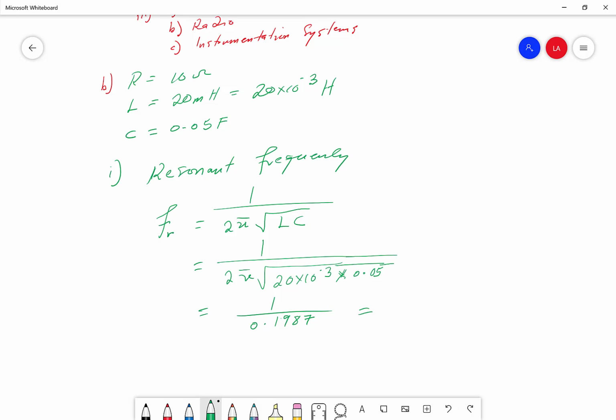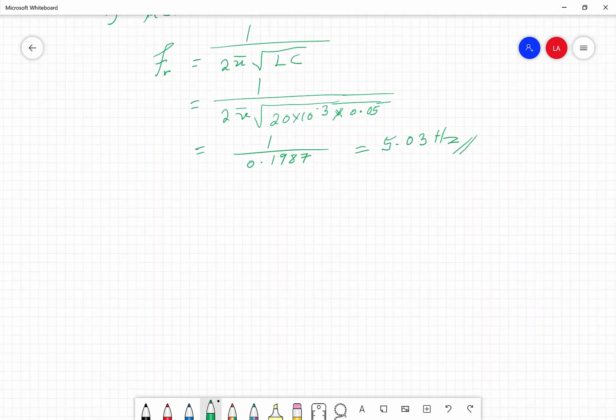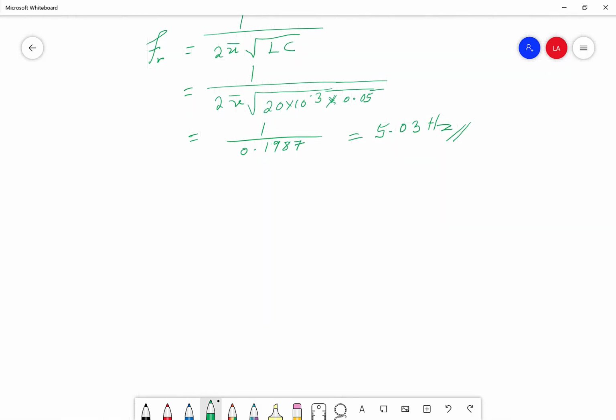So this will give us 1 divided by 0.1987, which is giving us 5.03 hertz. Remember, the question asks that you leave your answers in 2 decimal places.